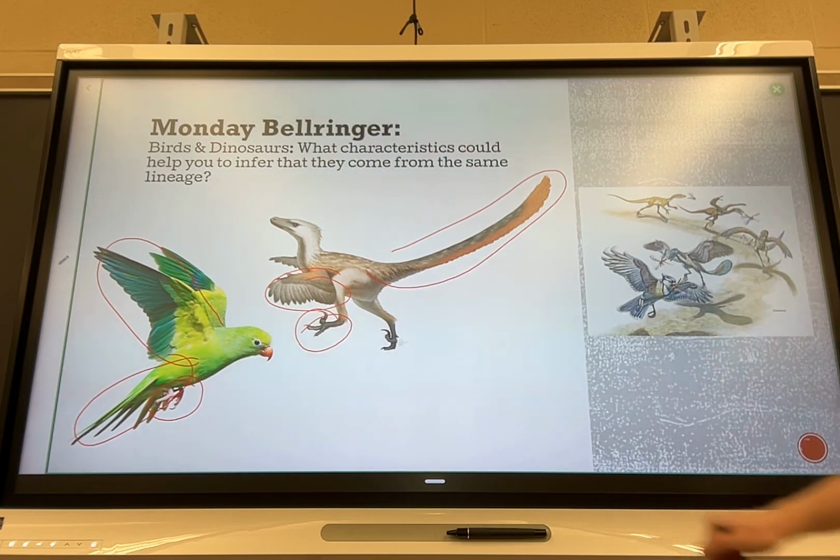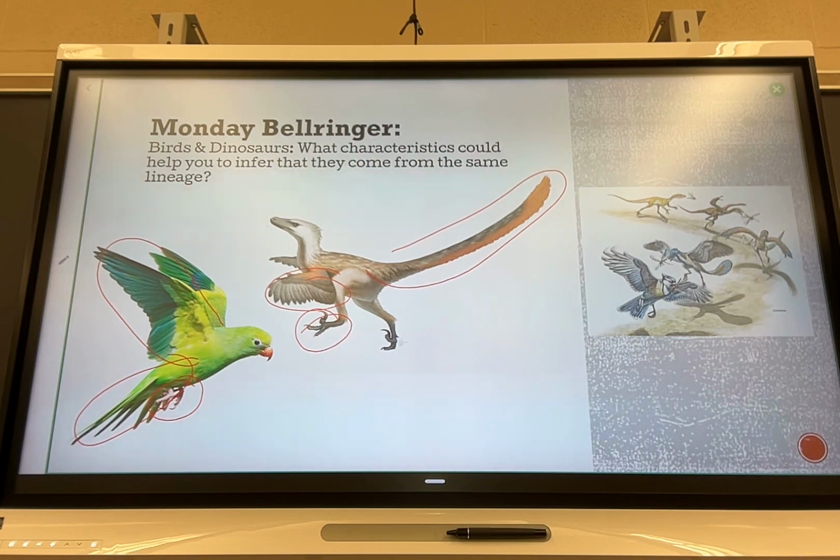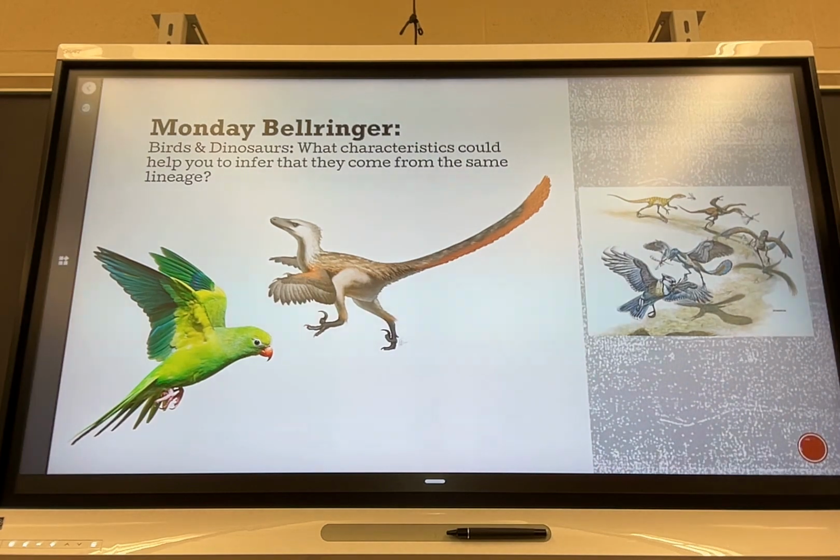Not the beaks, though. The birds have beaks. The raptors have jaws with teeth inside of them. But you can see kind of in this comic over here the descent of lizard-like dinosaurs to birds over time. So that's what we're going to be talking about.